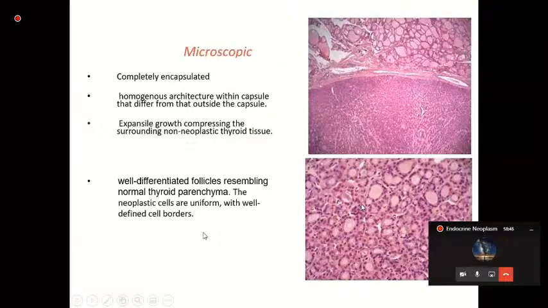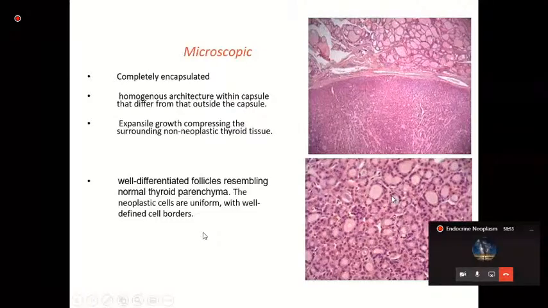So this is the normal thyroid. Look, these are the follicles, and you can see the difference, isn't it? They are small thyroid follicles, closely packed, and they compress the surrounding tissue. This is the capsule. Look at the capsule there. In this case, is this carcinoma or adenoma?